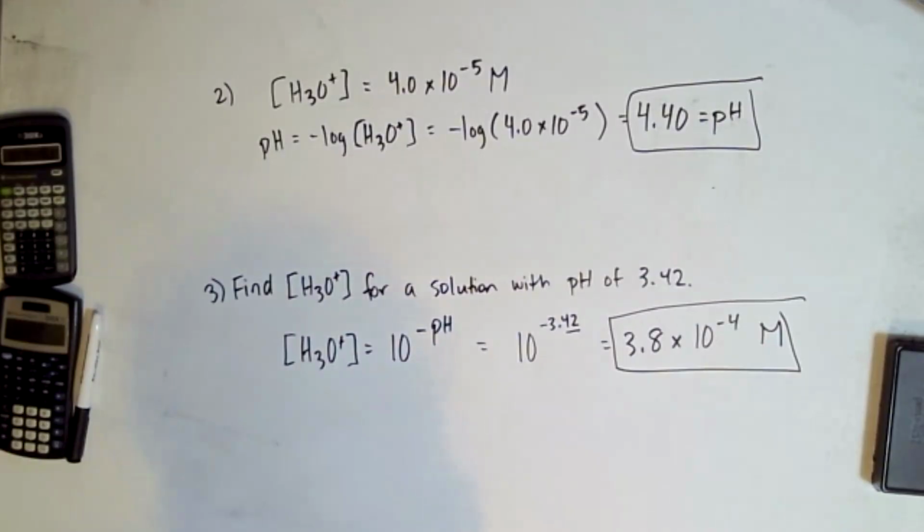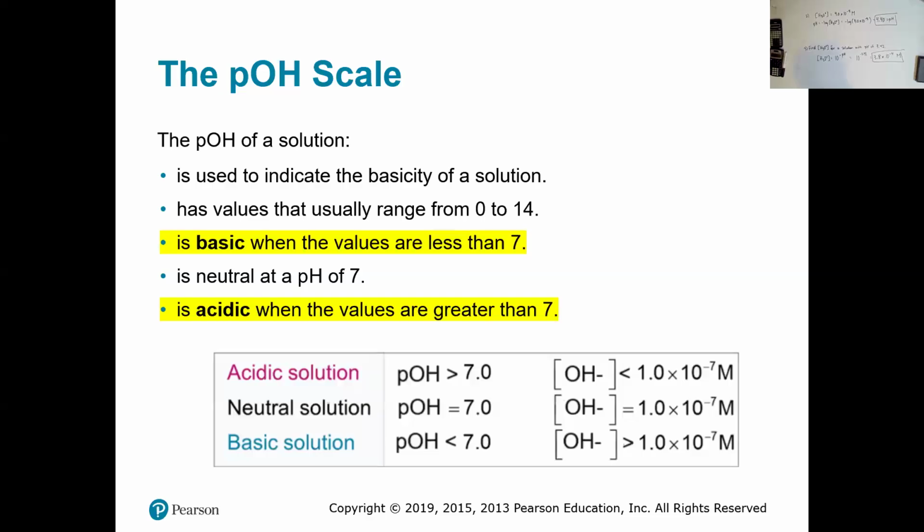Let's look at something that's related to the pH scale, but it's on the opposite side of it. This is like the alternate scale. This is going to be our pOH scale. And where our pH measures the acidity of a solution, the pOH scale measures the basicity of a solution, how basic something is. And when you're on the pOH scale, it works the same way that the pH scale worked for acids.